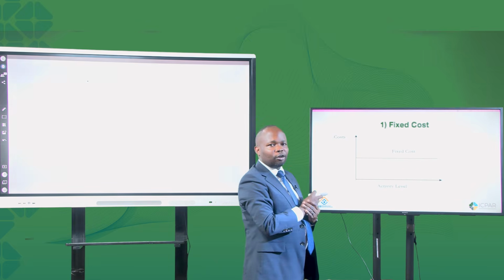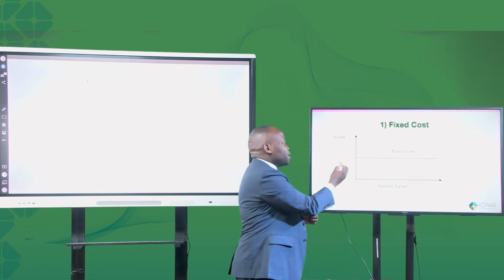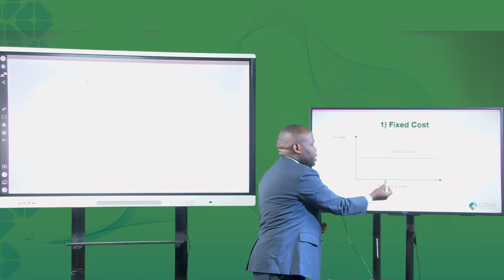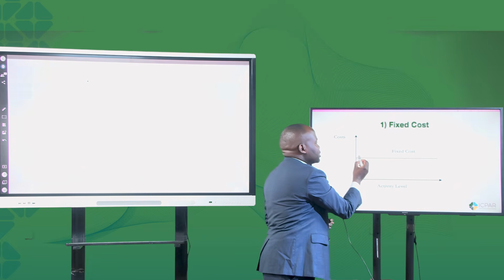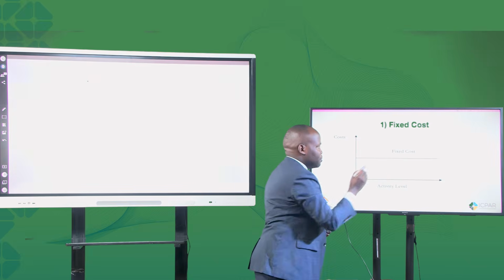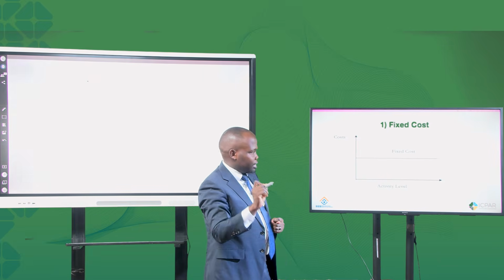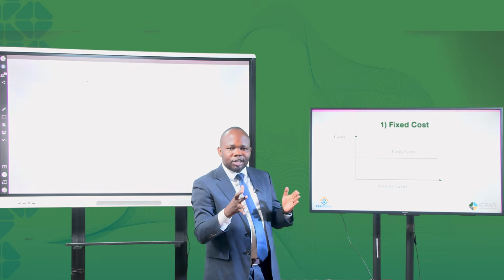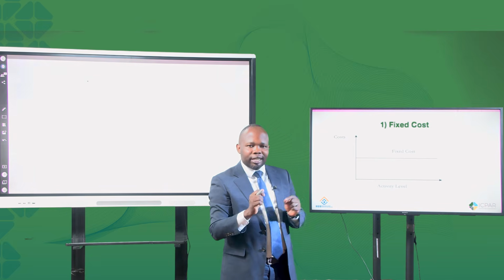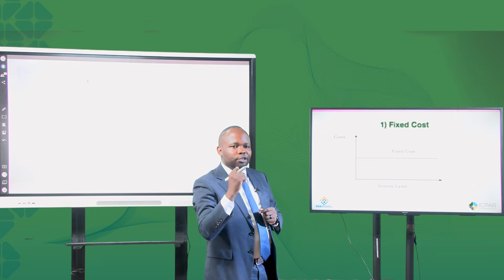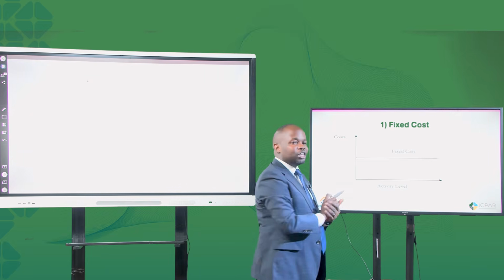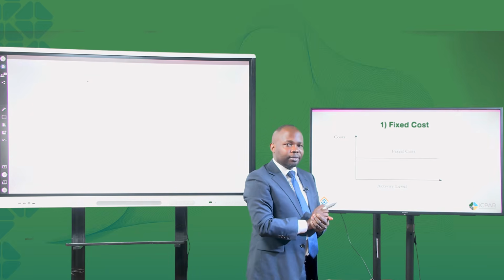It remains constant, whether you produce 0 units, 10 units, 20 units, or even 50 units. For example, rent will not change with the number of students in a class, or with the number of units you are producing. So a fixed cost is a cost that remains constant.